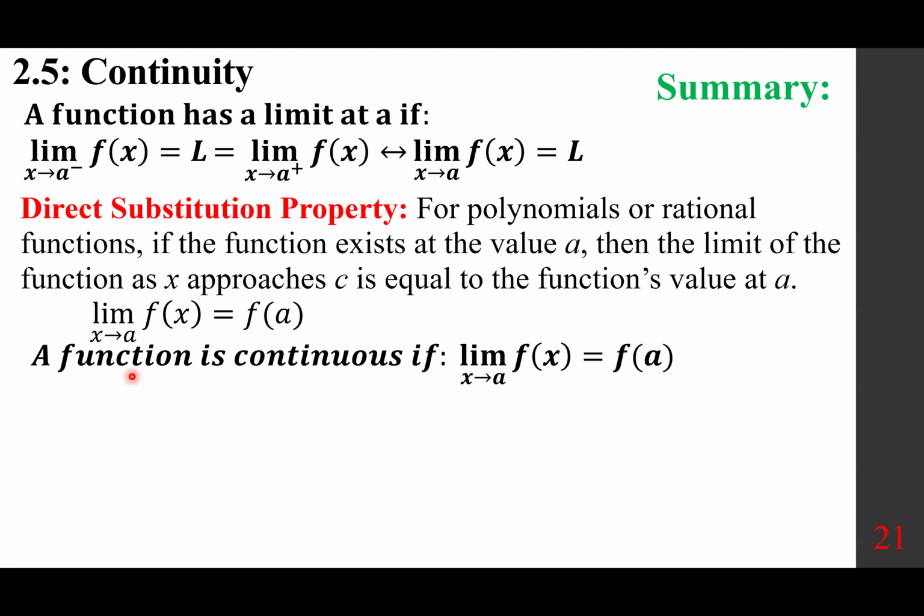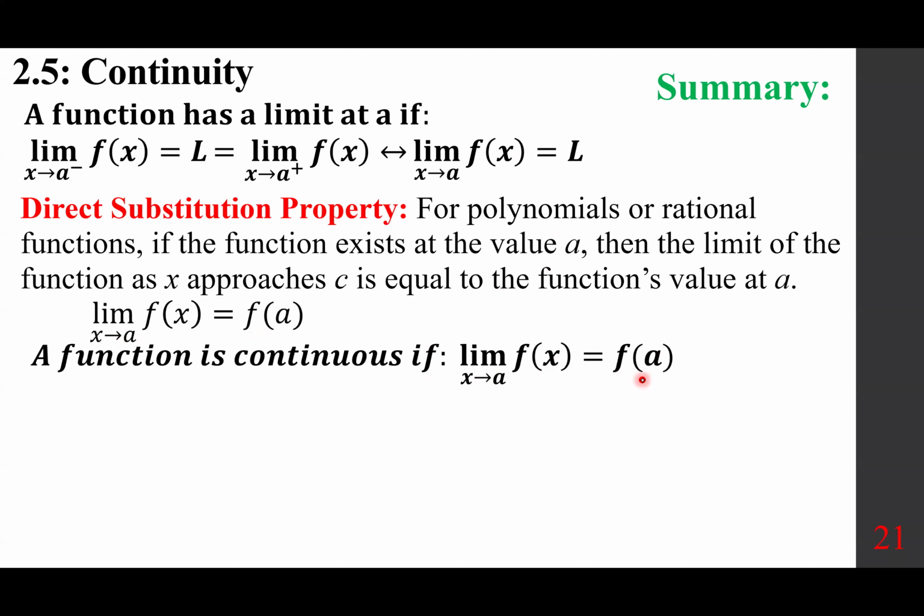So a function is continuous if the limit that we have discussed, the one-sided limits are identical, the limit exists, so the limit of f of x as x approaches a equals f of a. This is the limit, this is the functional value.